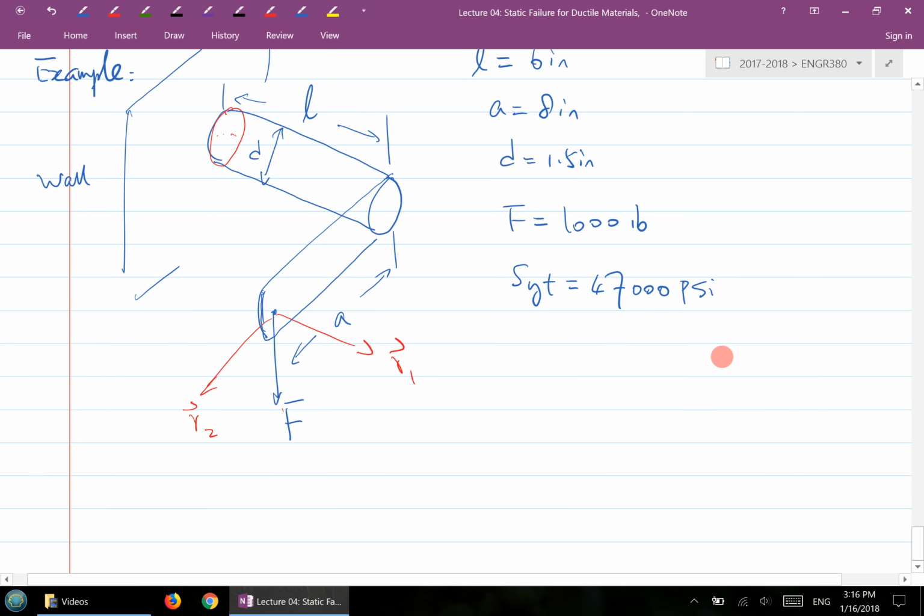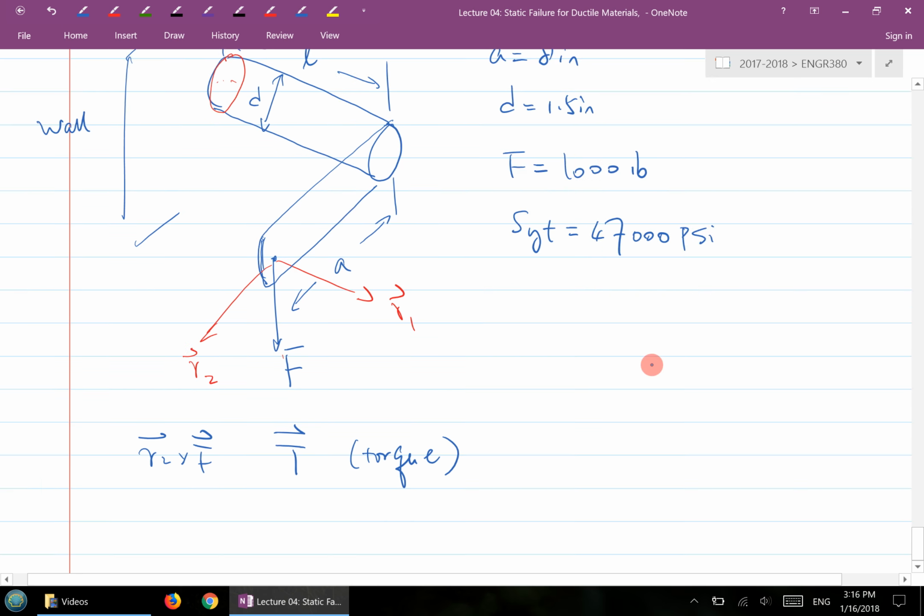So this R2 cross the F here is a moment, and we call it T, the torque. And this R1 cross the F is a moment. Both are moments actually. So the question is: when do we call the moment a torque, instead of calling it a moment?